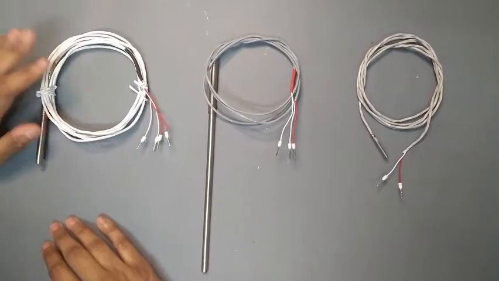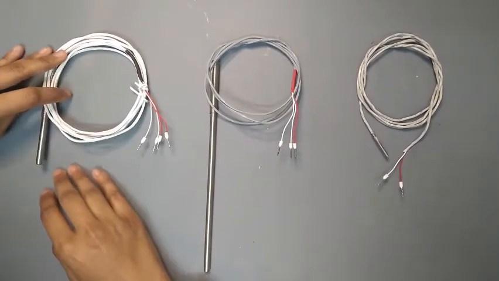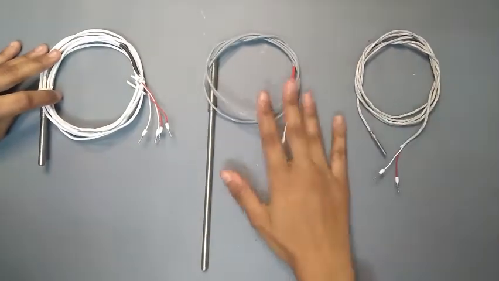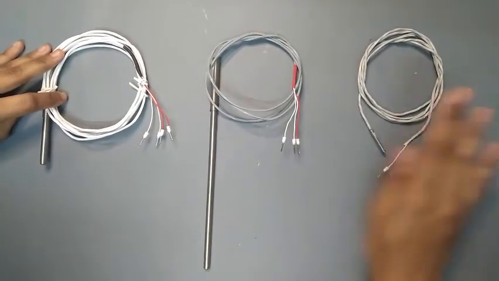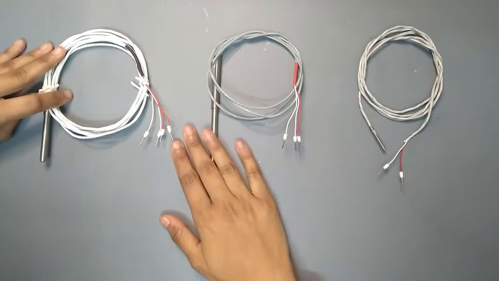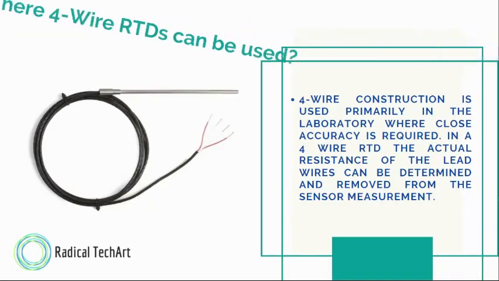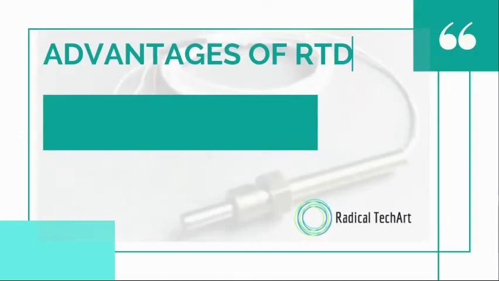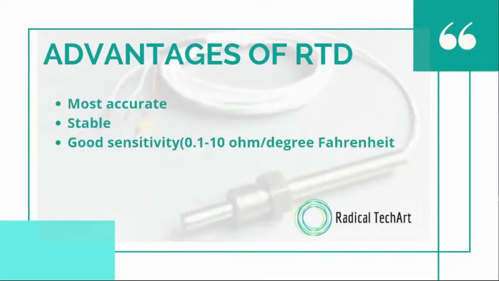So 4-wire RTDs are more accurate as compared to 2-wire and 3-wire RTDs. Talking about the advantages of RTD, it is more accurate than thermocouples. It has stability, good sensitivity, zero point 0.1 to 10 ohm per degree Fahrenheit.